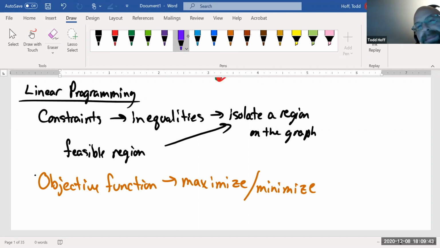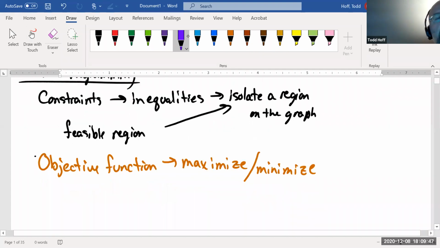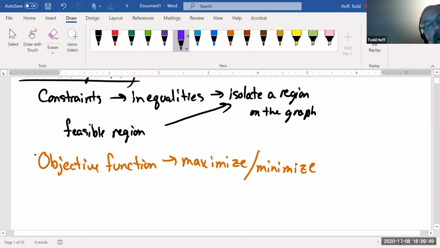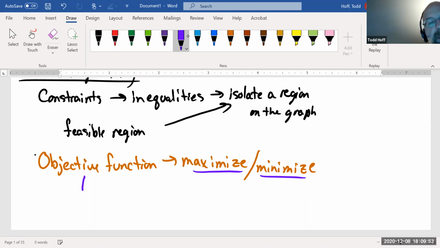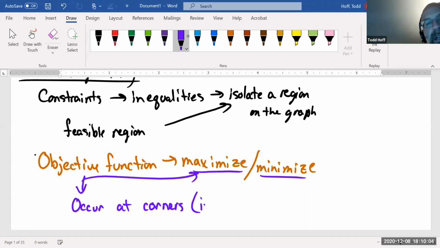Now, there's a lot of proof that's been put into this. We don't have time to go through the proof, but it's found that the maximum and minimum values of the objective function occur at the corners of the feasible region, in other words, the intersection of constraints.